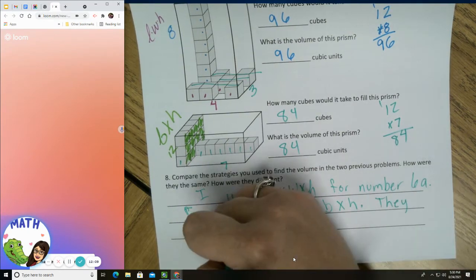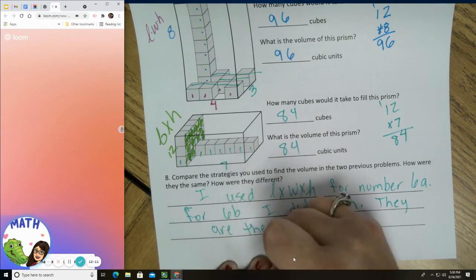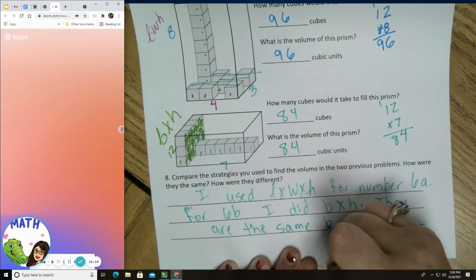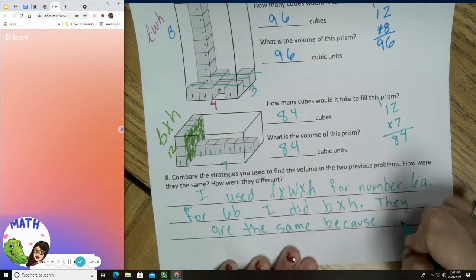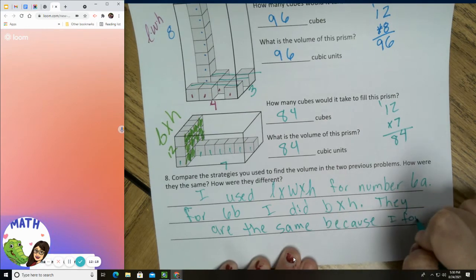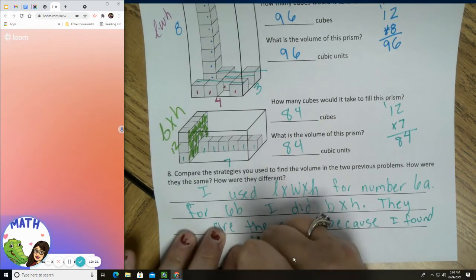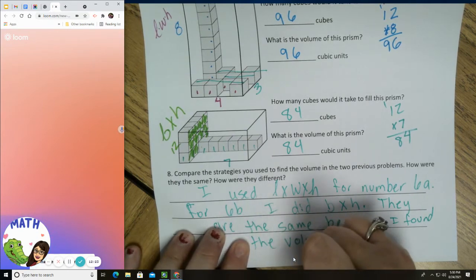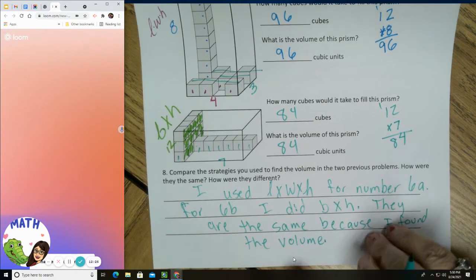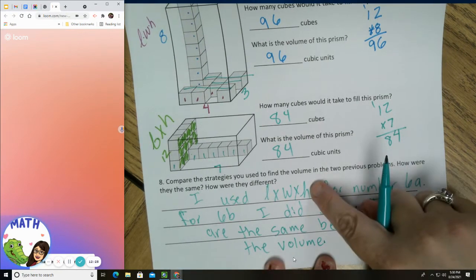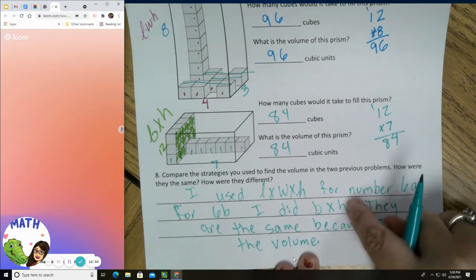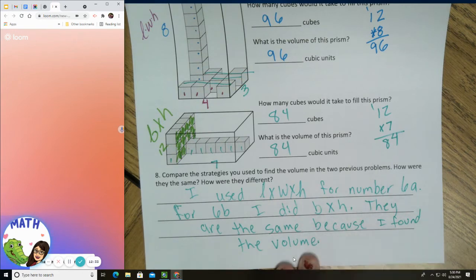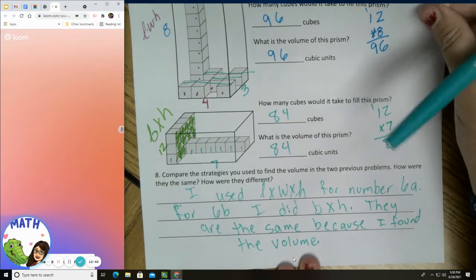They are the same because I found the volume. So this tells me how they're different. I did length times width times height, base times height. And it also tells me how they're the same. Pause the video if you need to write this down. Make sure you are ready to answer these questions when you have your test.